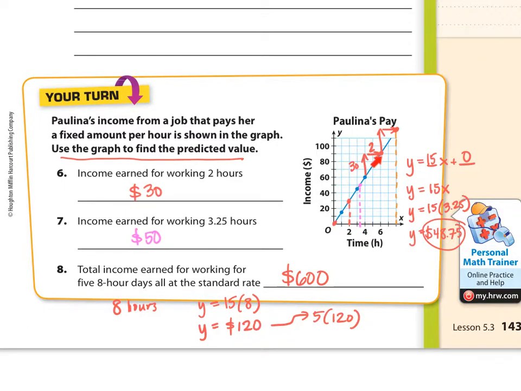That's $90. So if I go up 30, that's 120 bucks. And over 2 would be for 8 hours. So 8 hours would be $120. So you could still use the graph. You're going to go off the graph a little bit, which is fine. You just have to be aware of how to read it above the graph. And then you multiply that by 5 and you still get the same answer.